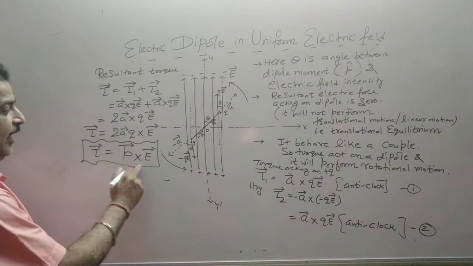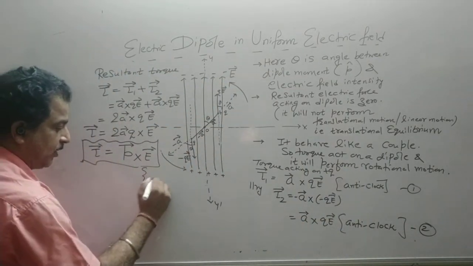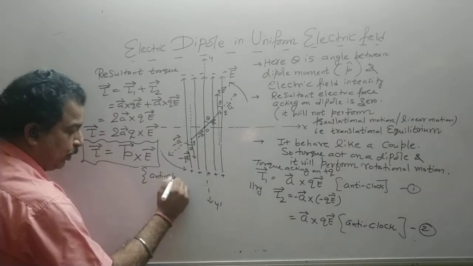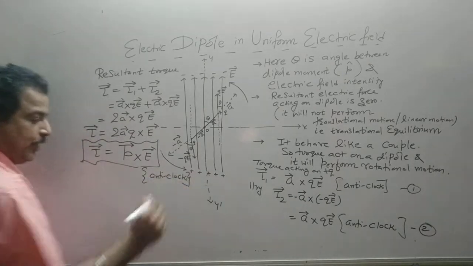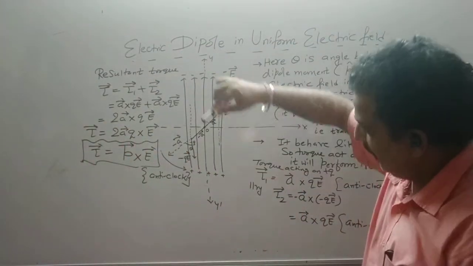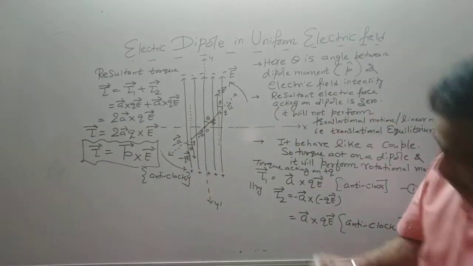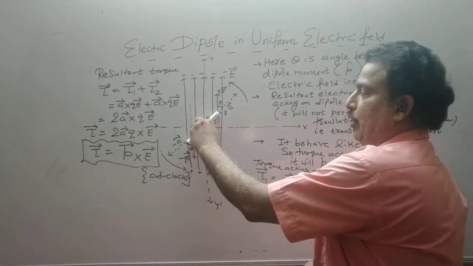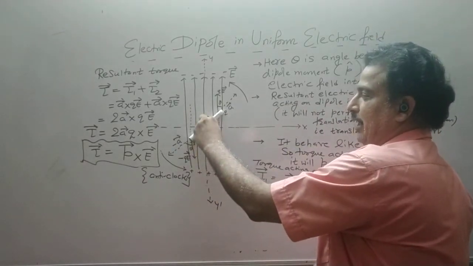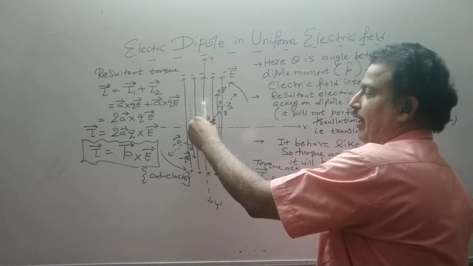And now I find both are in anti-clockwise direction, so the screw will rotate, or a dipole will rotate, in anti-clockwise direction. So when I place a dipole in a uniform electric field like this, say this is a dipole, now I have placed it like this, it will start rotating in the direction of the field.